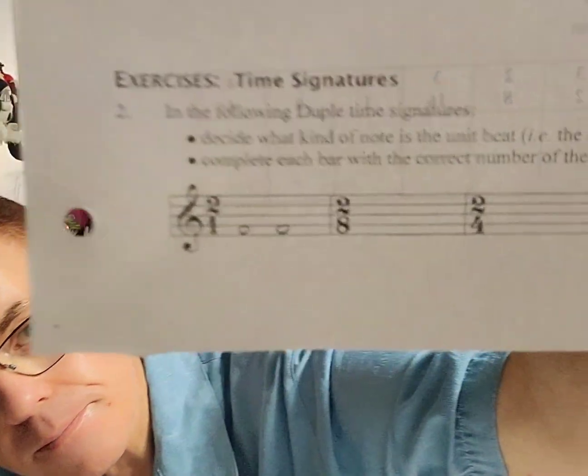So we're looking over 2/1, and what do we have for 2/1? What are they called? Whole notes. How many? 2 of them. So that's what we draw. 2 whole notes.